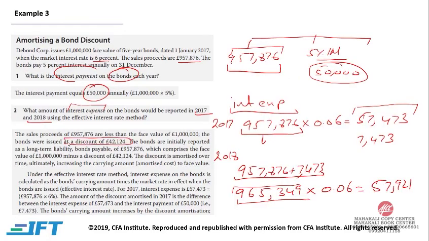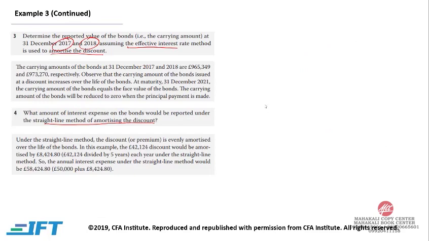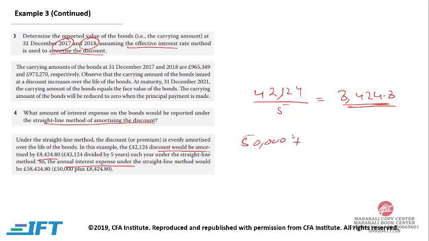So discount value was 42,124. So in straight line methodology, 42,124 needs to be divided by 5 because this discount is spread over 5 years. So the discount would be amortized by 8,424.8, and the interest expense under the straight line method would be 50,000 plus 8,424.8.